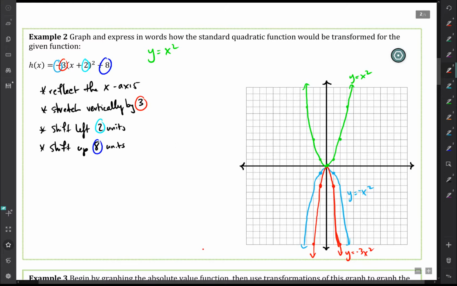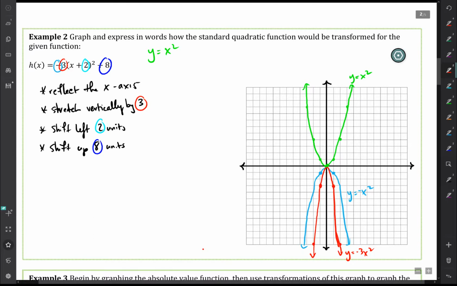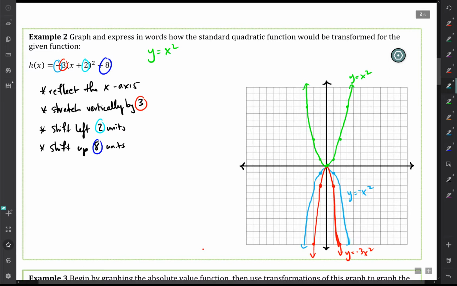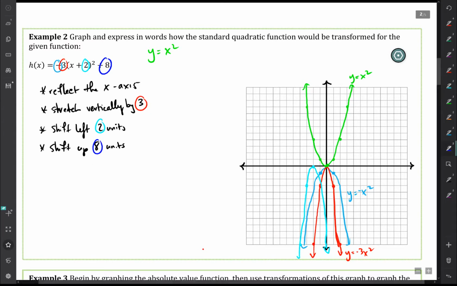Okay, now we need to shift to the left 2 units. So we take this red graph and we shift everything to the left 2 units. And then finally we take that turquoise graph and shift it up 8 units to obtain the blue graph at the end.